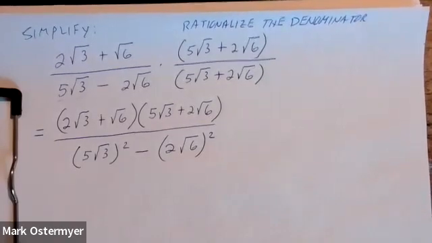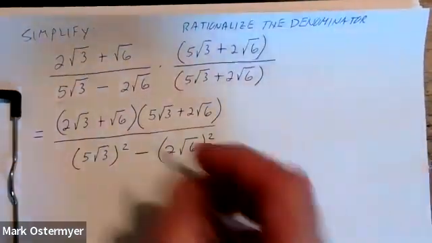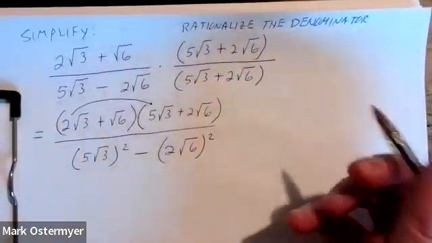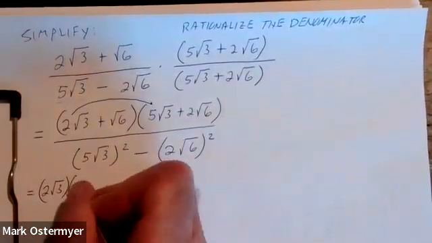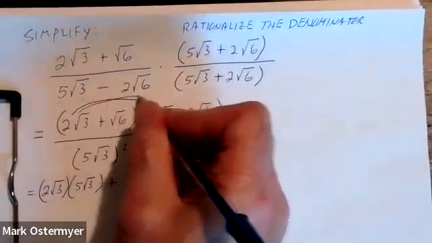Now the numerator has to be multiplied all out, which means I'm going to use my FOIL algorithm that we use when multiplying binomials together. So 2 square root of 3 is going to have to get multiplied by 5 square root of 3. Plus, I'm going to multiply my outer terms together.